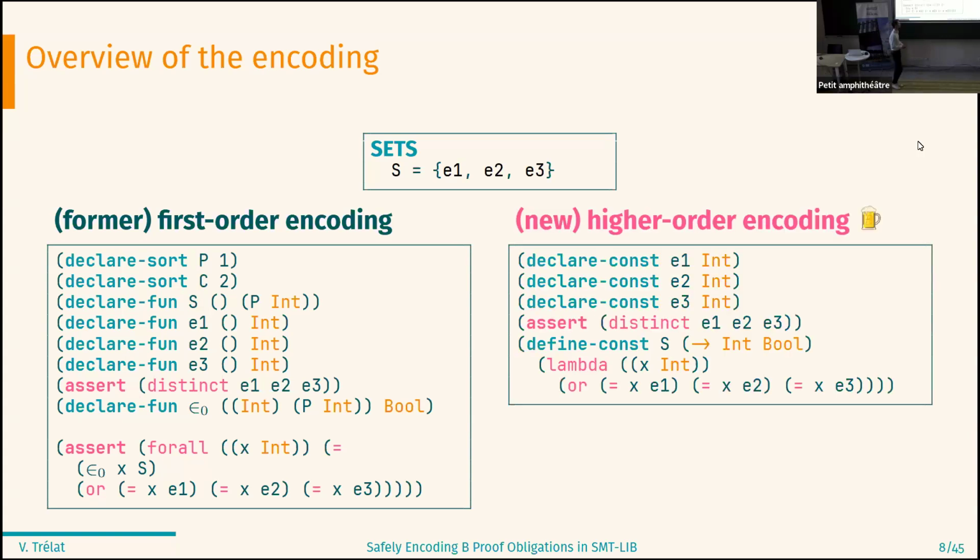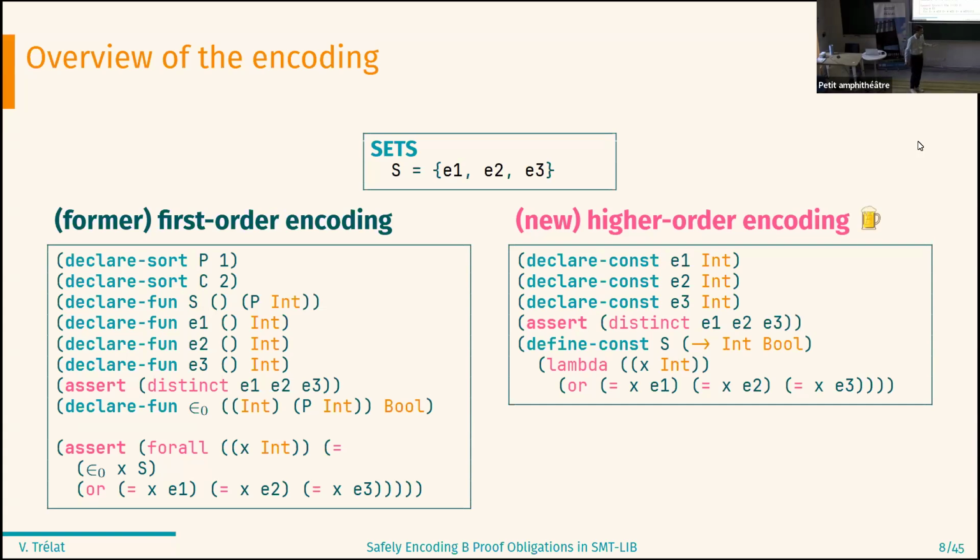In my encoding, the beginning is the same, I have 3 constants that are all different, but then I just define S as a lambda term, right? So notice the arrow type from int to bool. And now S is really equal to this lambda. Now, if we want to encode that X is a member of S, we just apply S to this X. And now checking that X is a member of S is just a simple beta reduction, right?